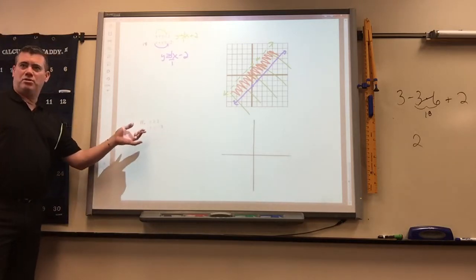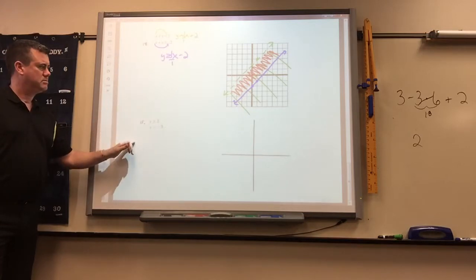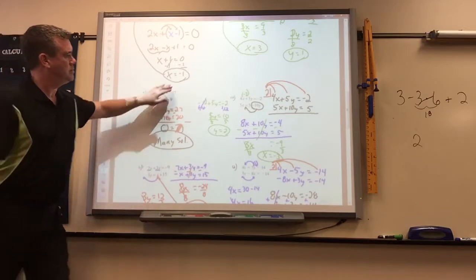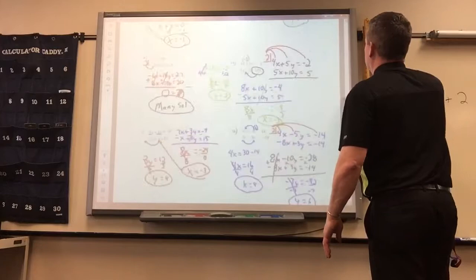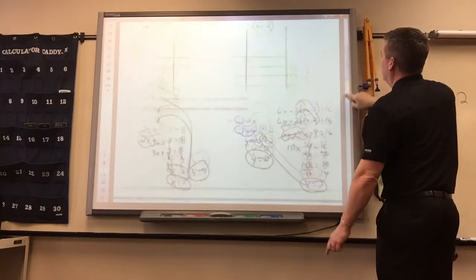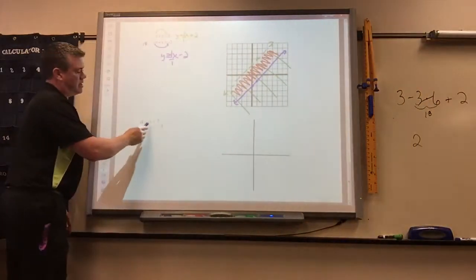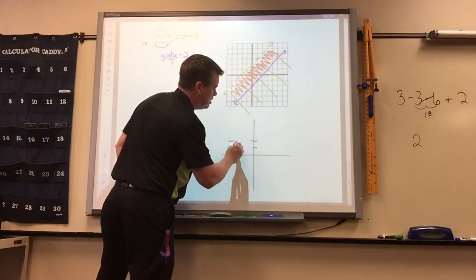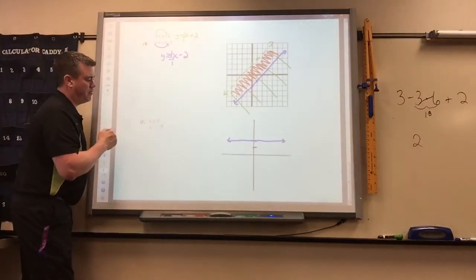And then the last two are just like the second problem, or the third problem. Right here, when we graph this one. Y is greater than or equal to 2, crosses the y-axis at 2. And it is a solid line because it has the equal to.